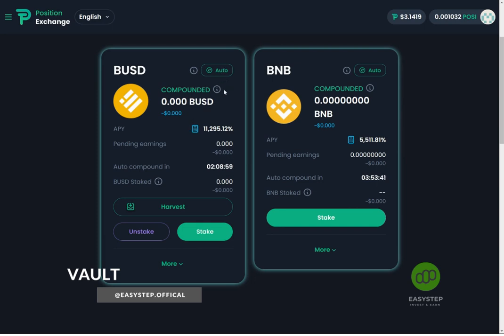Now, what the auto compounding is: after each day, I believe 24 hours, or actually the auto compound is here. They have a timer clock here. So once this time expires, the system would do an auto compound. That means that whatever your rewarded balance is, they will compound that back into your account.